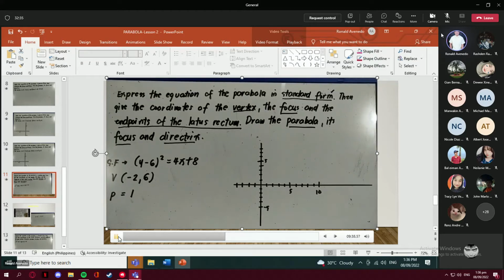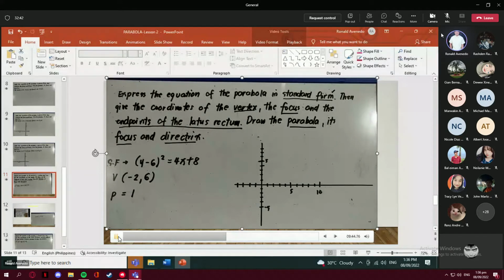I want you to prepare your Cartesian planes now. So, from our last solution, we have the standard form y minus 6 squared is equal to 4x plus 8. Then the vertex is negative 2, 6, and p is 1. So these are the only informations we have here.